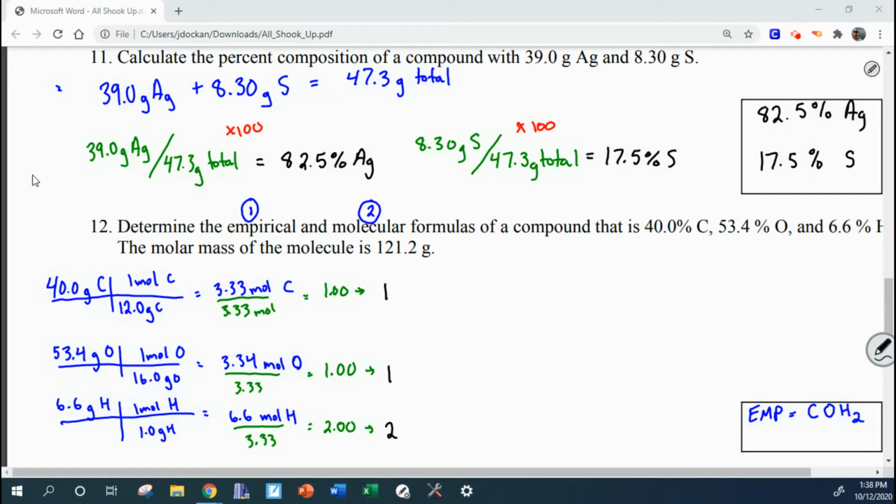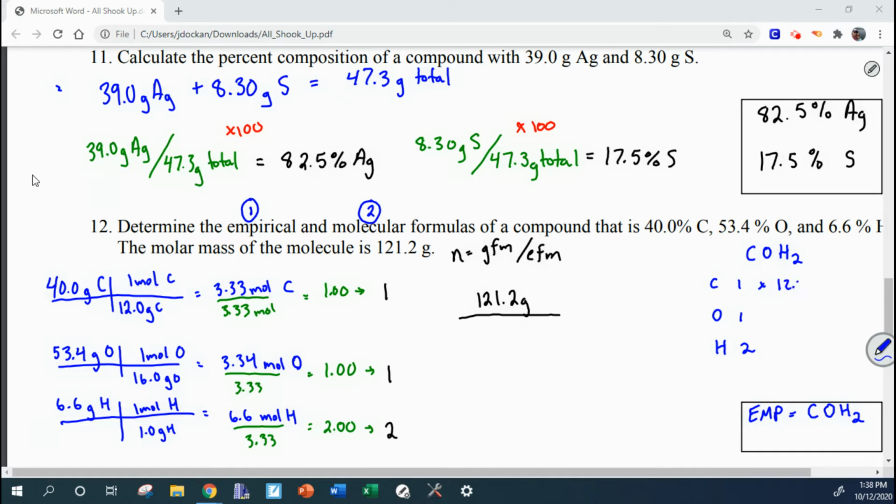And now I need to go ahead and find the molecular formula. So my equation for molecular formula is N equals GFM divided by the EFM. Well, the GFM is provided to me, 121.2 grams. And I need to divide it by the EFM, which I need to solve. So I'm going to take my empirical formula that I just solved for, and I need to find the molar mass. Carbon, oxygen, hydrogen. 1, 1, 2.